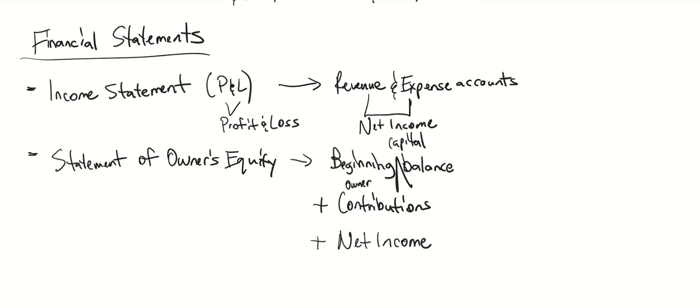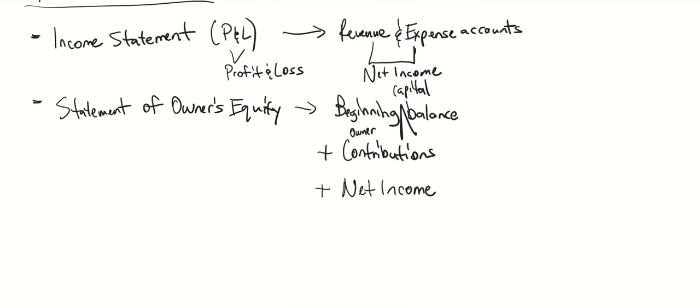The result of a net income comes from when revenues are greater than expenses. If it's the other way around, where expenses are greater than revenues, then it is not a net income. Instead, it is a net loss.